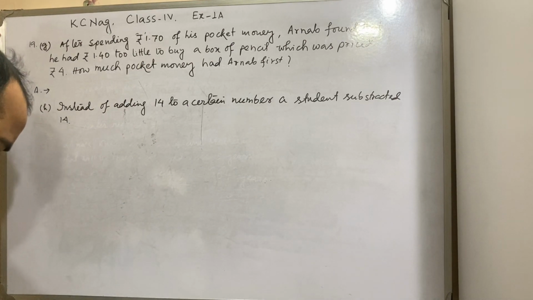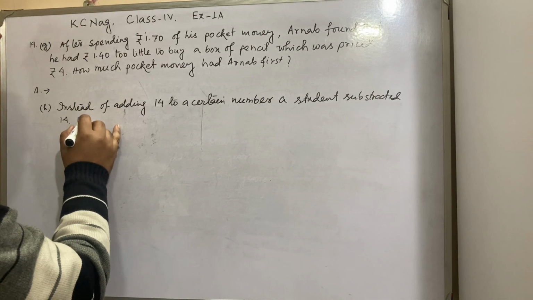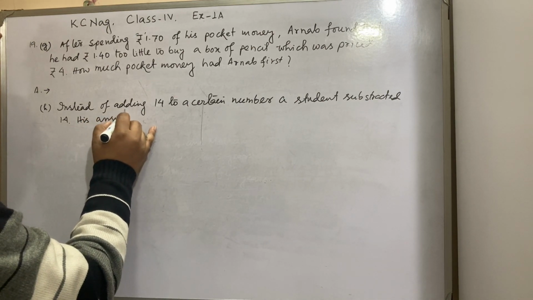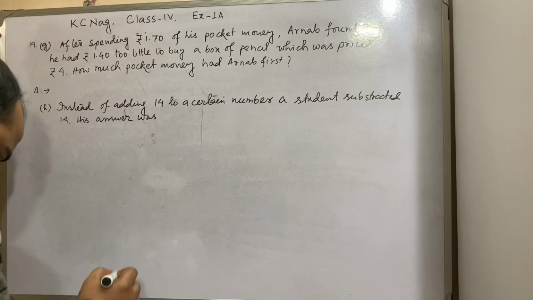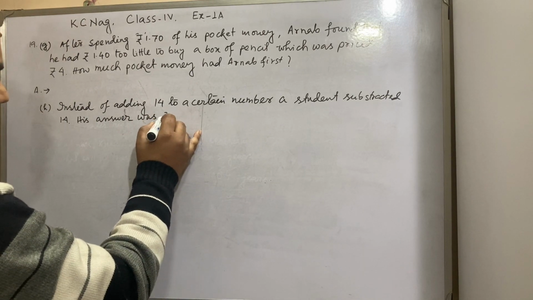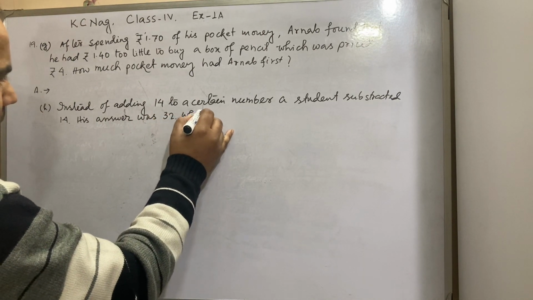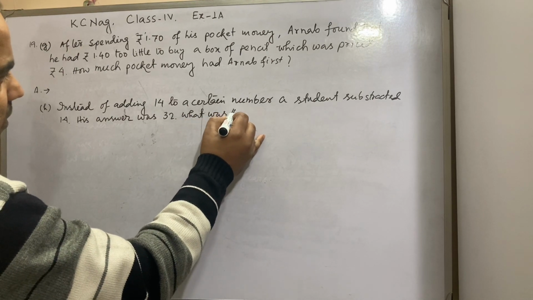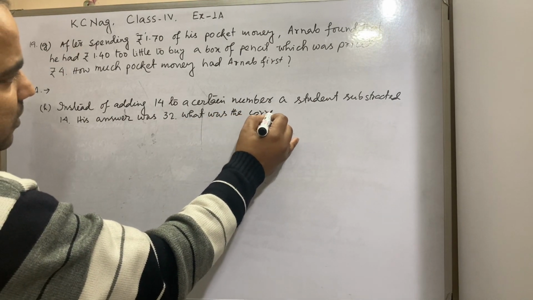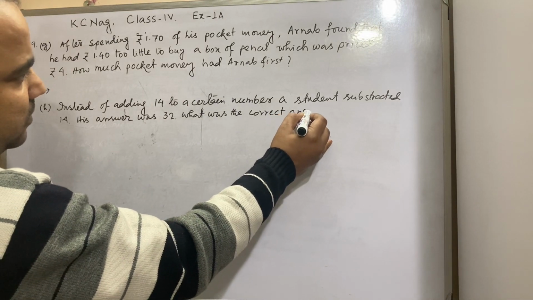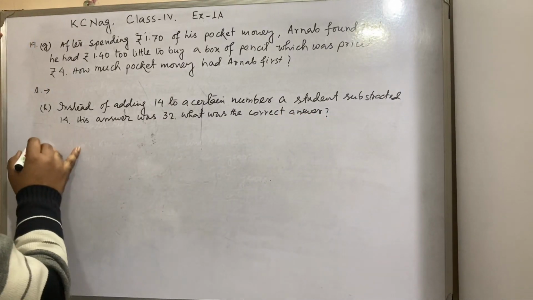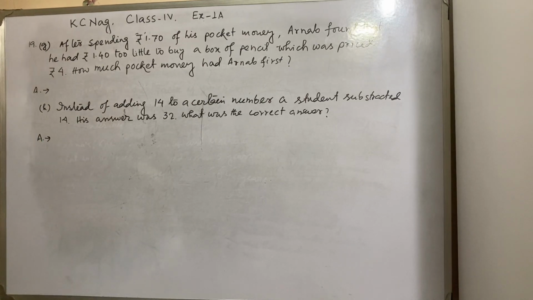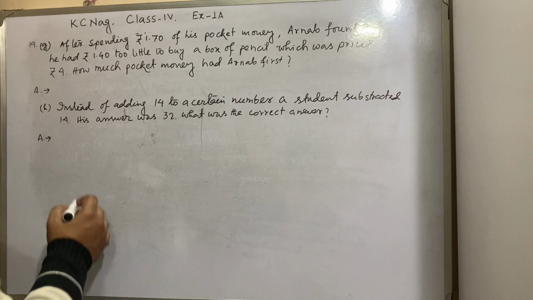His answer was 32. What was the correct answer? Instead of adding 14 to a certain number, a student subtracted 14. His answer was 32. What was the correct answer?